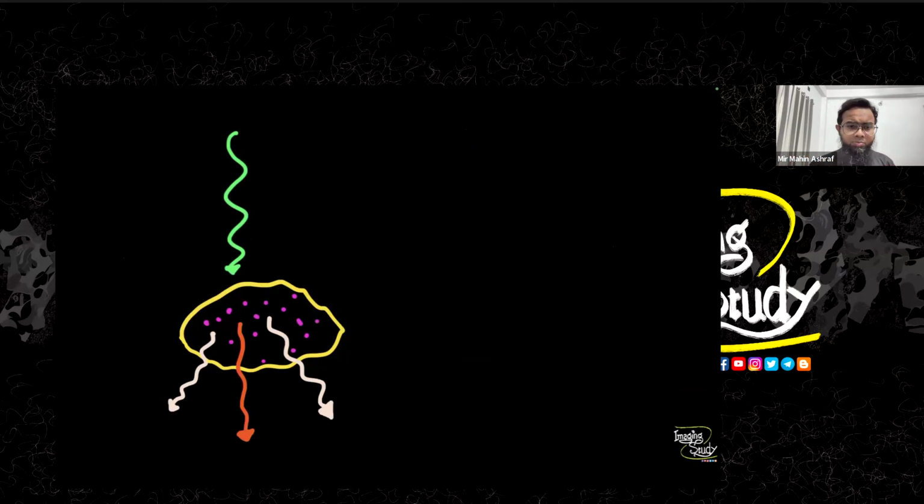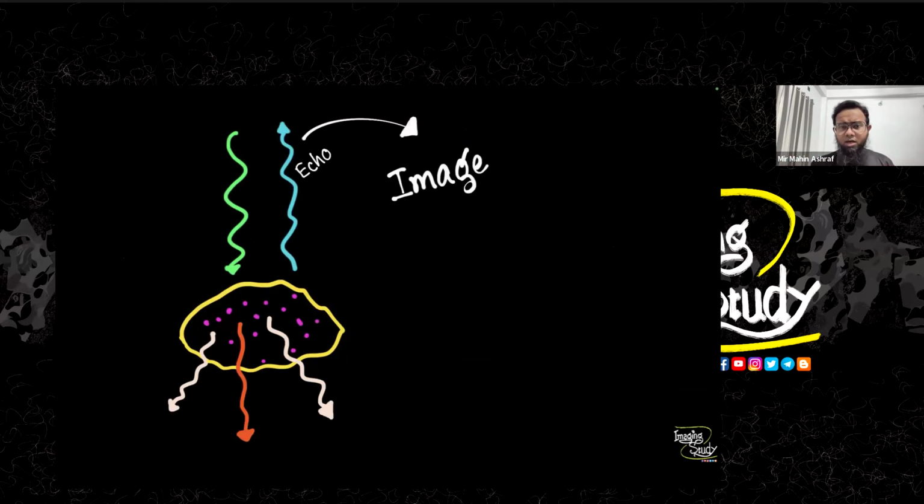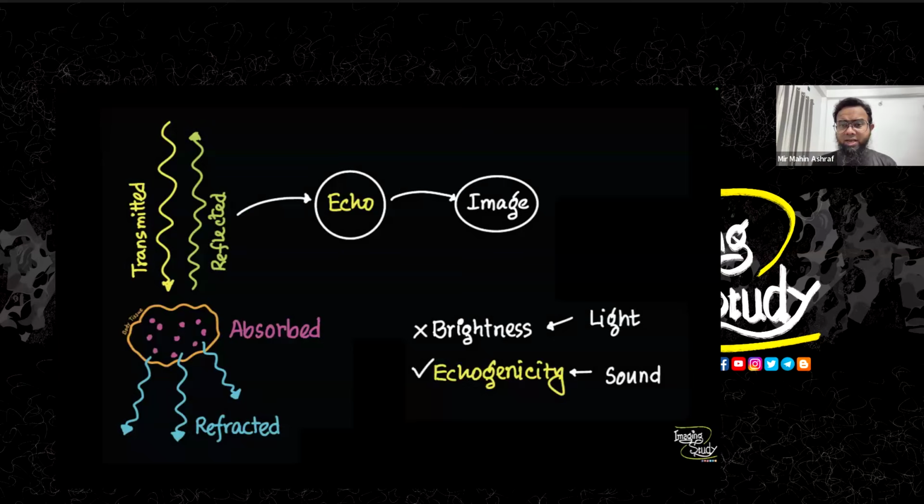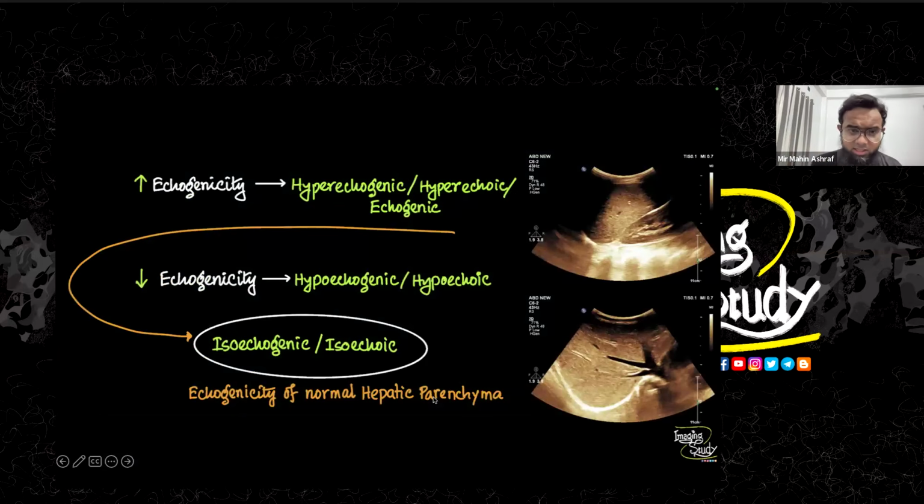Some gets absorbed and some gets reflected. This reflected sound is called the echo, and we convert it into the image. That's why we don't call it brightness, we call it echogenicity. So for sound, we use the term echogenicity.